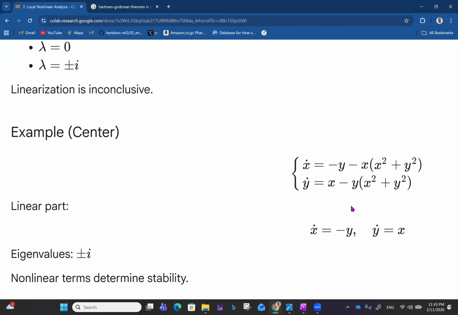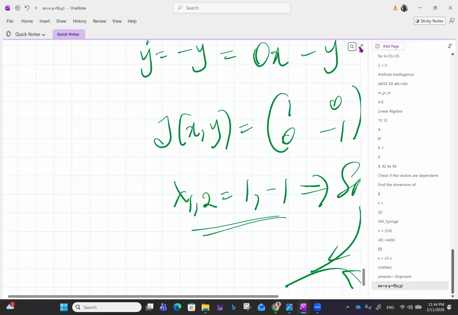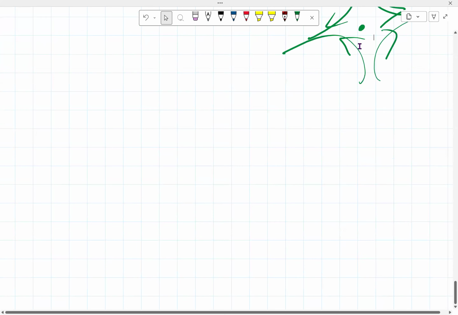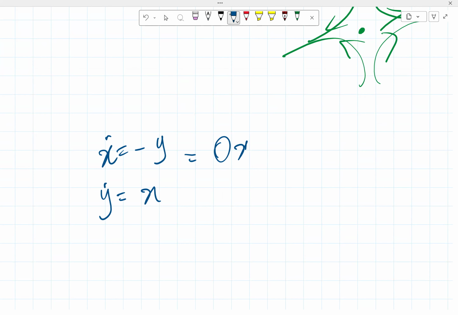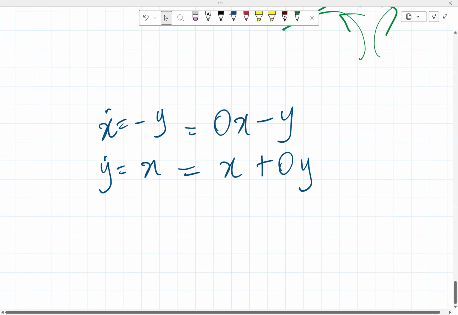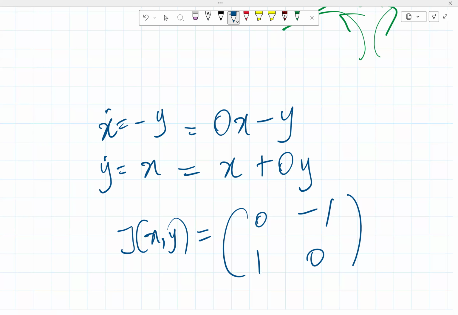So you just use the linearization to generalize. So you have x dot equals minus y and y dot is x. Like I did before, this is 0x minus y, and here this is x plus 0y, so that the Jacobian of x, y would just be 0, minus 1, 1, 0, yeah?